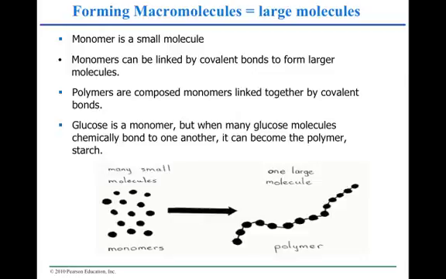C6H12O6, that's glucose. It's a very simple sugar. It's the one that goes into our cells. But we do not eat monomers. We eat the macromolecules that need to be broken down. An example in the carbohydrate family is starch.